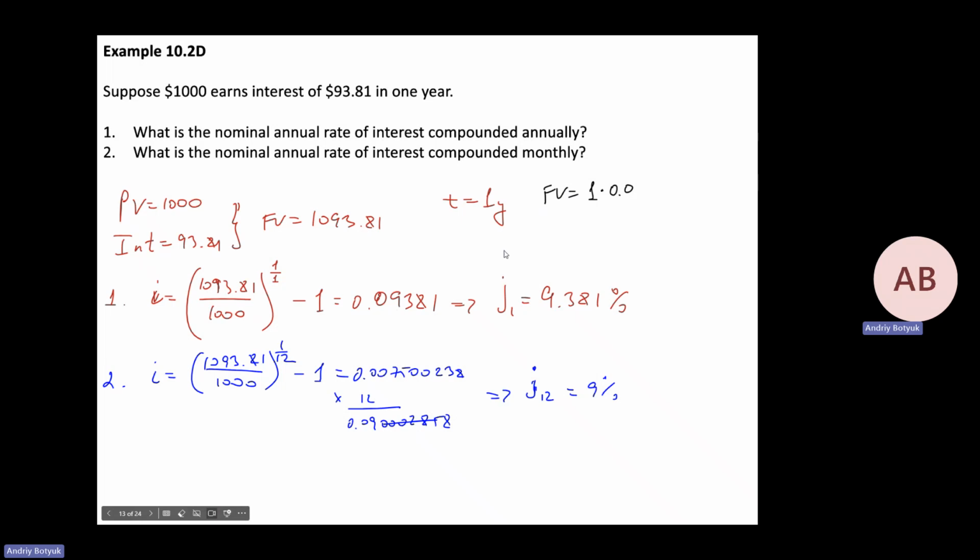Why $1? $1,000 times 1.09381, right? Exponent 1. What is that? 1093.81. Yes?